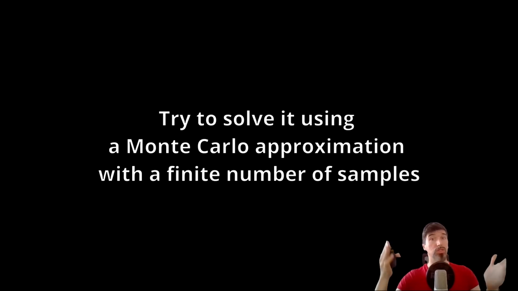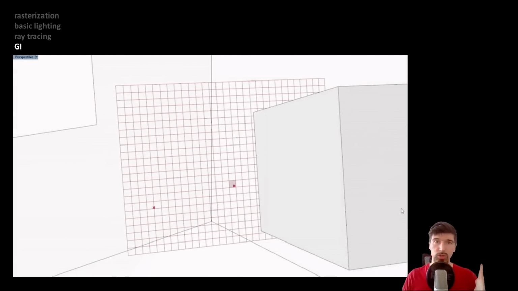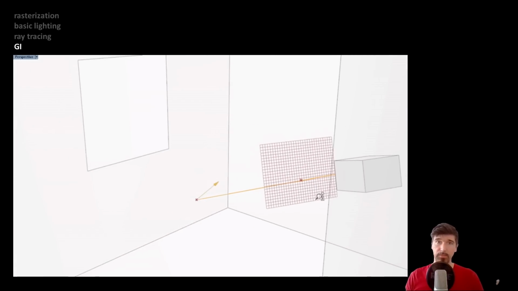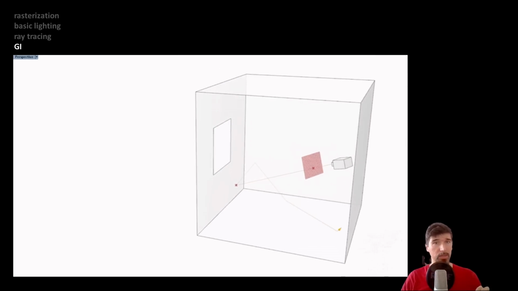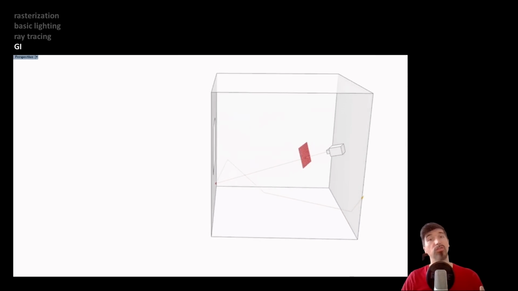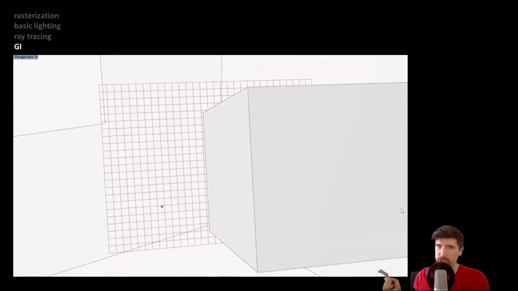Try to solve it using Monte Carlo approximation with a finite number of samples. So on a practical note, that would mean that if we were to take only one pixel from our final image and shoot a ray through it, we could bounce the ray off in different random directions and get an estimate of what the indirect light contribution is for this ray, but only if it reaches the light source.